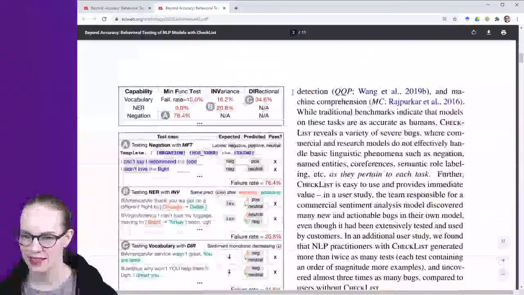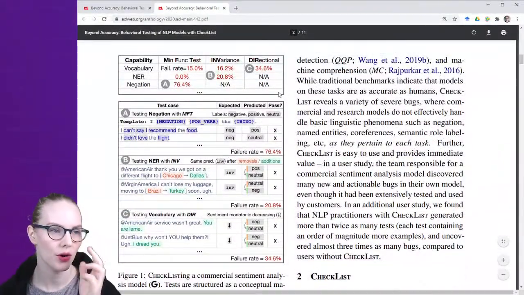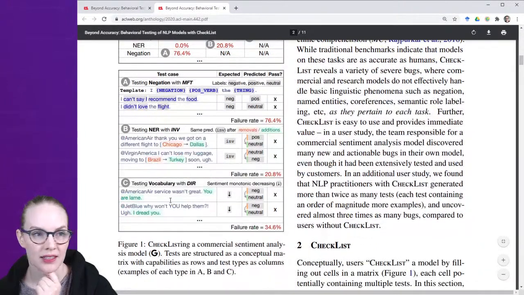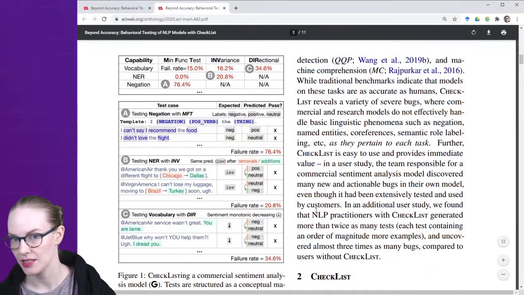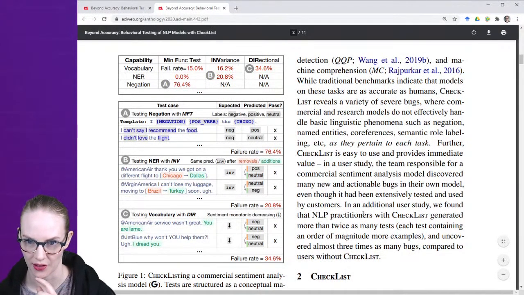And I believe I got to section 3.4, but let's quickly look at an example just to talk about what this can look like. So here we have a sentiment analysis model. It's a model that looks at some text and says the person who was writing this enjoyed something, or they didn't enjoy it, or they didn't have strong feelings one way or the other.